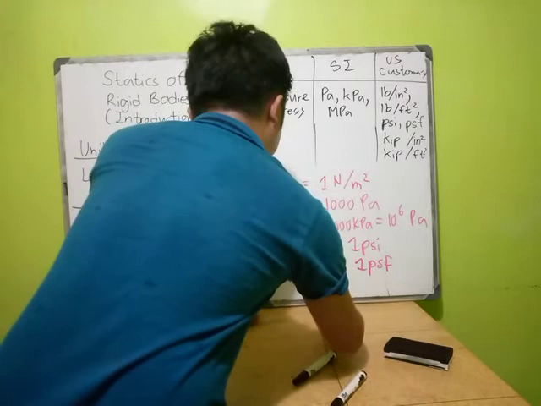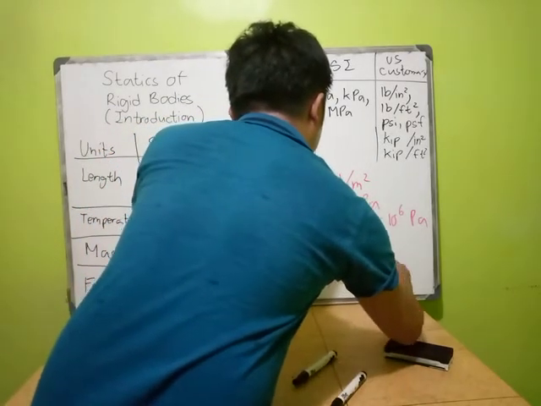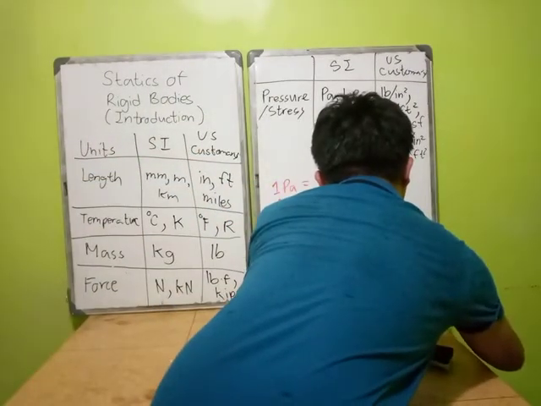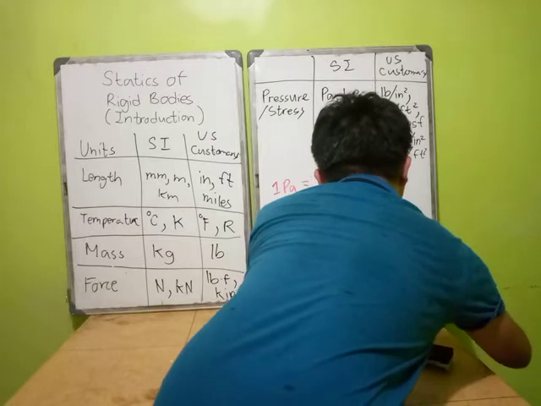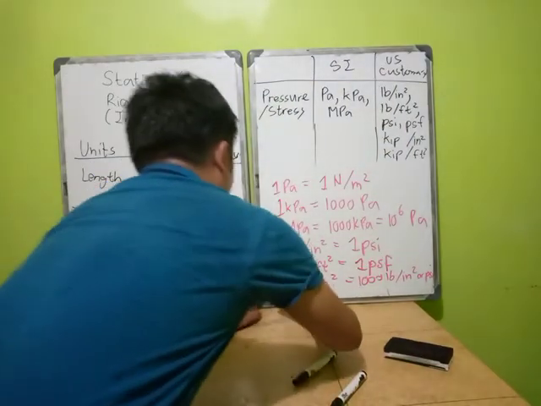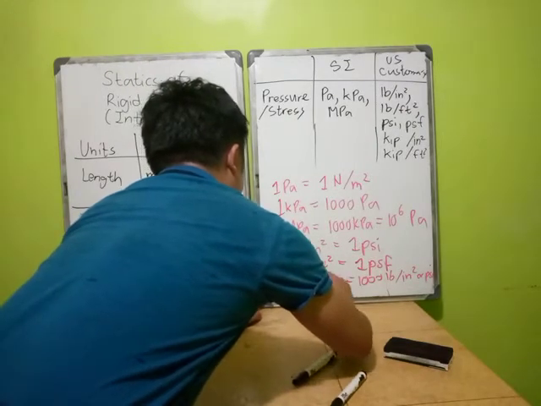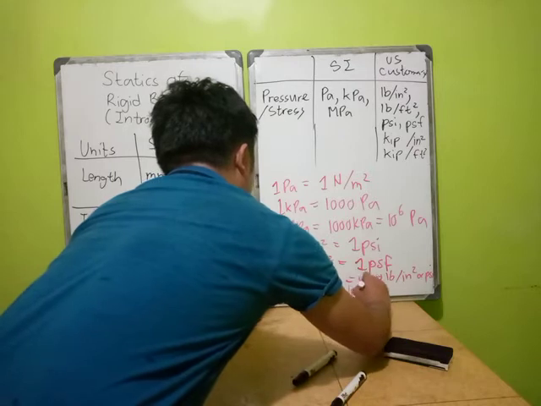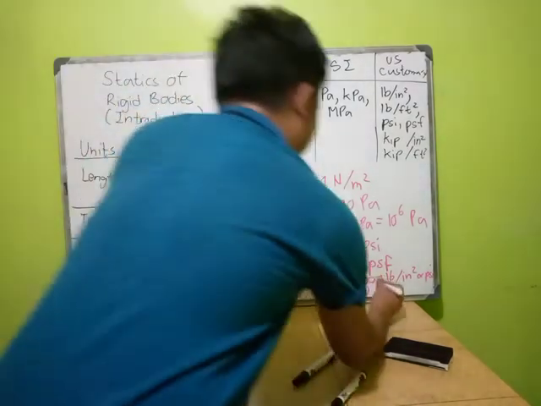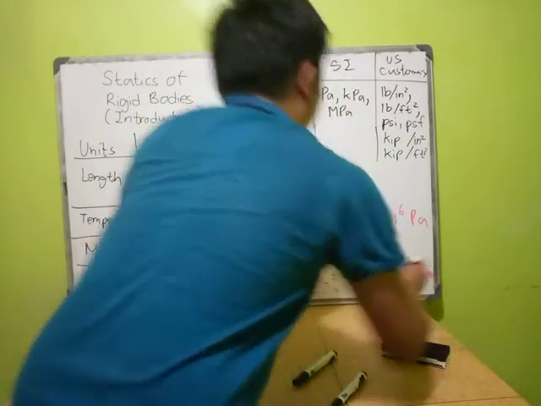Okay? 1 kip per square inch is equivalent to 1,000 libra per inch or PSI. Yan. Yung 1 kip per square foot is equivalent to 1,000 pounds per square foot. So, ganyan. Okay.